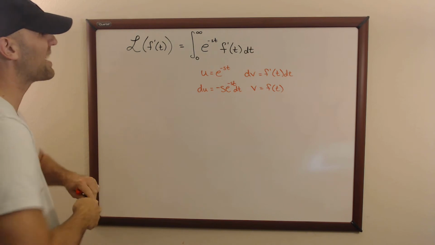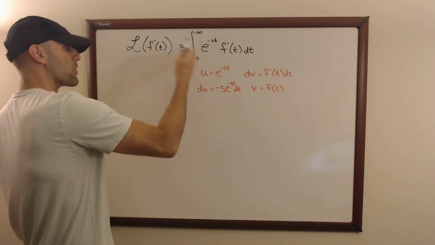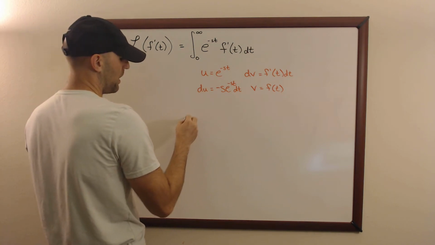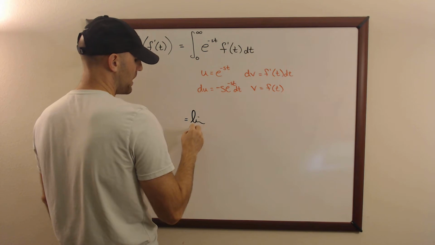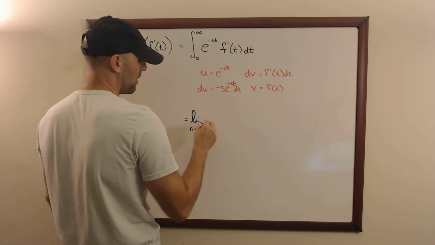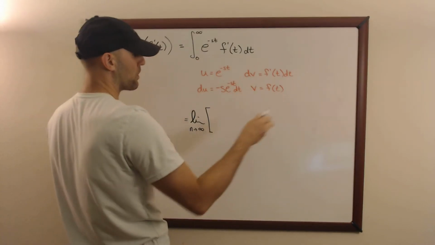Now, we have to be very, very careful when we're splitting this. This is a definite integral. I do have some bounds, and of course those bounds are improper. So let me change this to the limit as n approaches infinity. Okay, here we go. It's u times v minus the integral of v du.